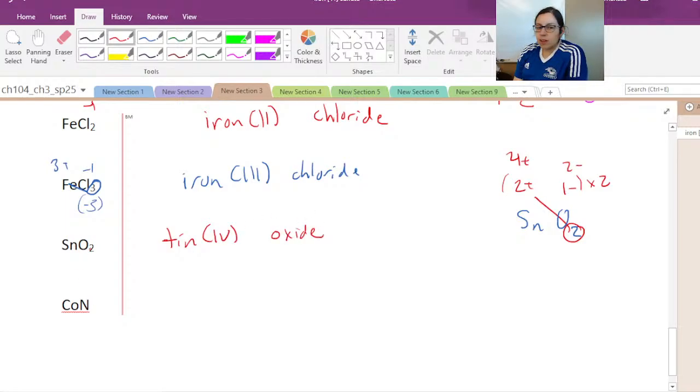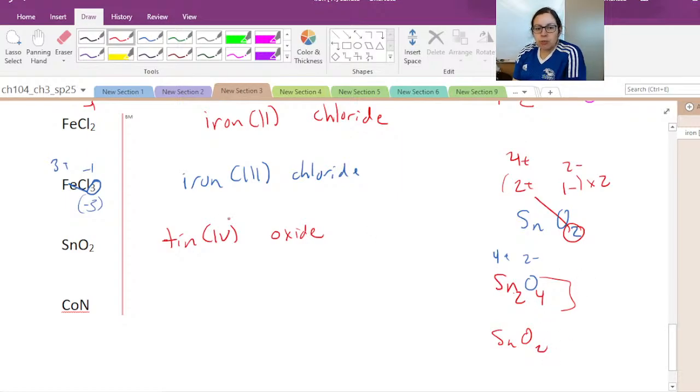But these get weird because the swap trick fails us, and you can see why it fails us. We can review that. Tin 4 oxide will swap trick for oxygen 2. If we swap it, we get 2 and 4, but again, we want to simplify this, so that's why we get SnO2.